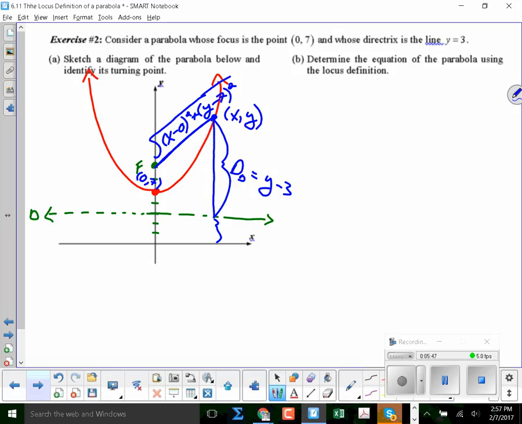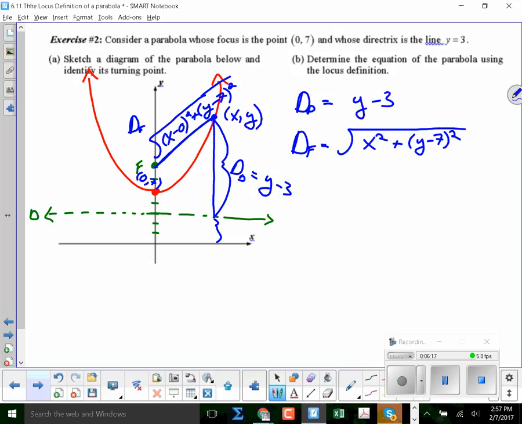Now again, that is the distance to the focus. So we know the distance to our directrix is y minus 3. And we know the distance to our focus from that point is the square root of, is it okay if I just write x squared because it's x minus 0? Yes. x squared plus y minus 7 squared.